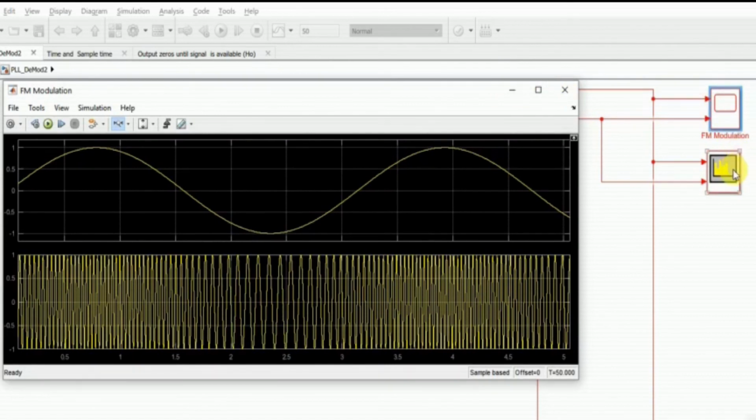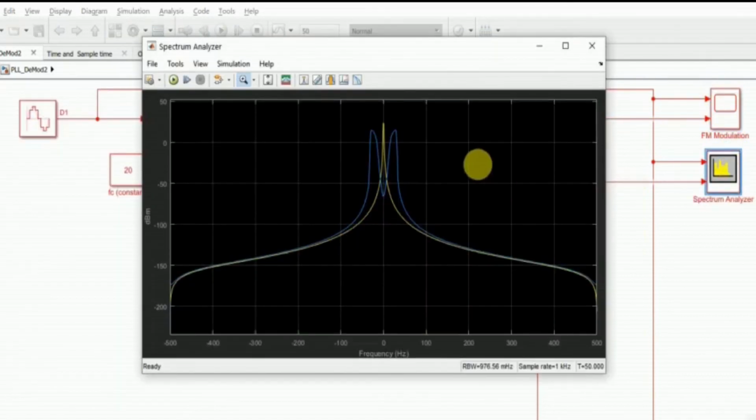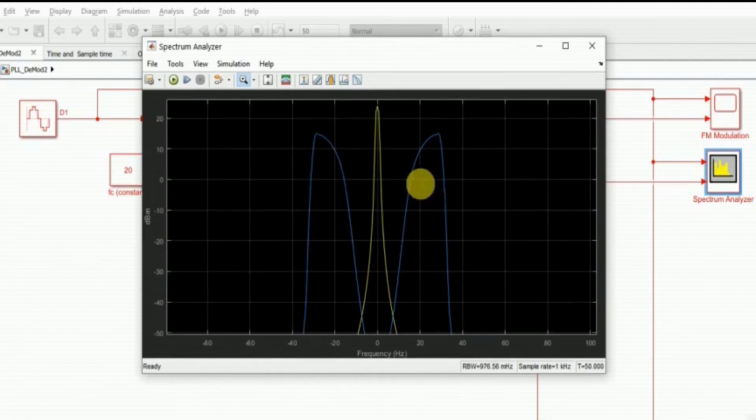Now in terms of spectrum, let me again zoom this one. So let's take it until minus 50 dBm. Remember, dBm is simply 30 plus 10 log10 of W. W is just watts. So we have two curves over here. The first one is this golden curve.